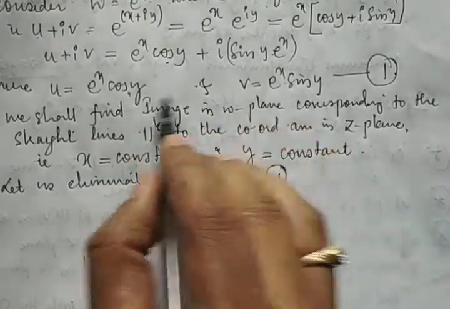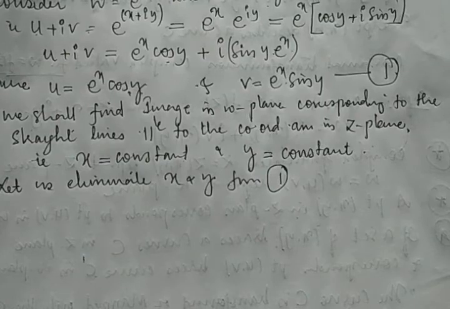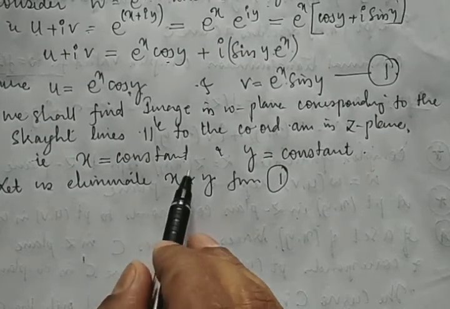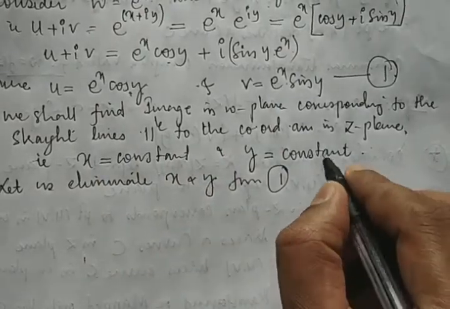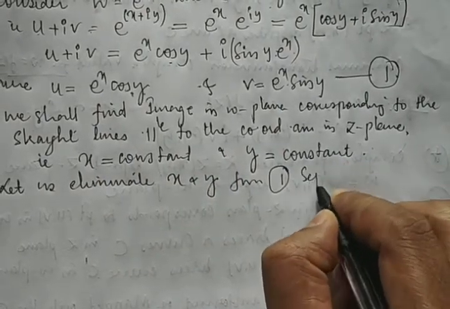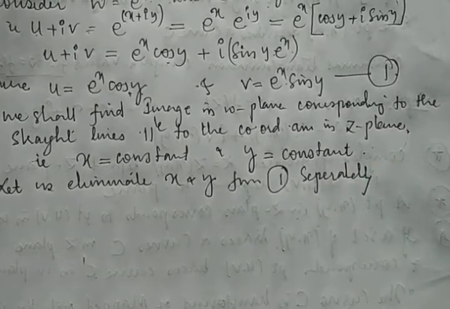Here in both the equations u and v, we can see x and y are available. So we need to eliminate x and y from equation number 1, not at once. We need to eliminate separately. That we need to keep in mind. So we are going to eliminate separately, one by one.